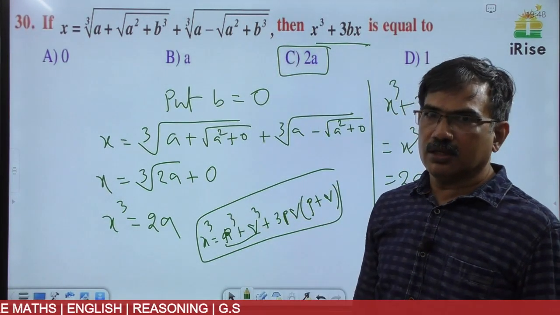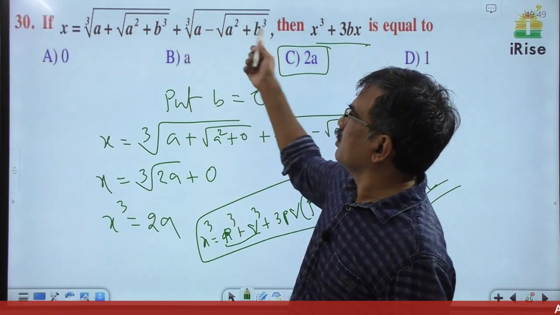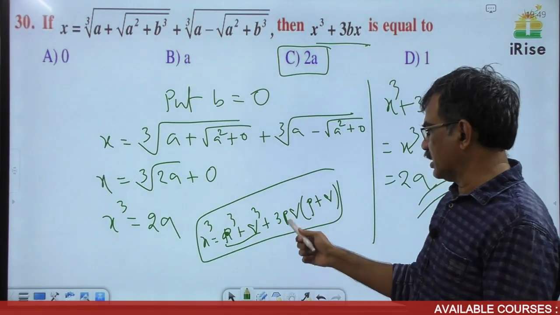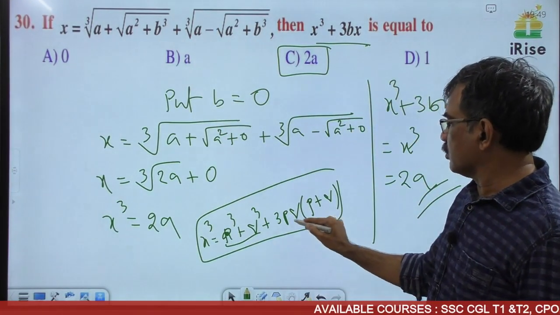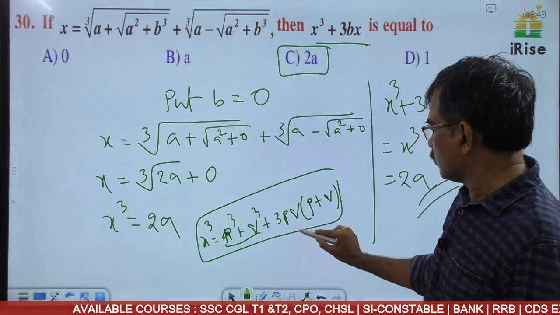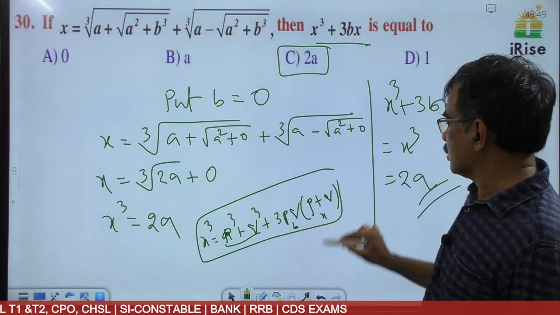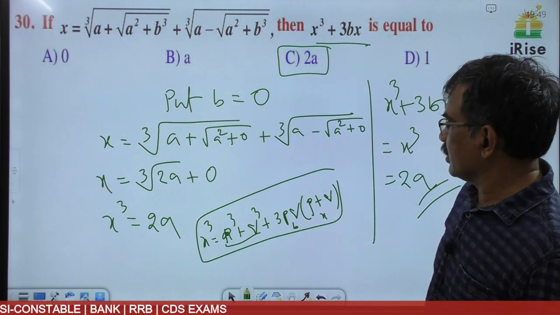plus b square. Then a square cancels, we get b cube, and again the cube root of b cube gives b. p plus q is nothing but again x, so this value is b, and p plus q value is nothing but x, giving 3bx.